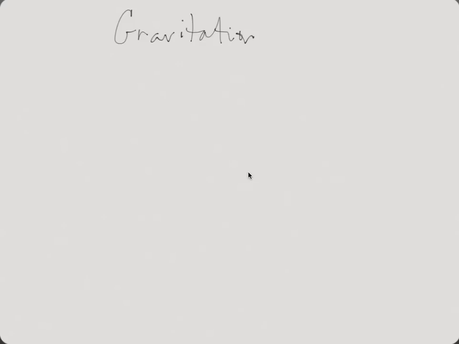And so the idea will be this: I'm going to have some object here. It's going to be a basketball, and we're going to compare this initial velocity in the y direction to a final velocity in the y direction.